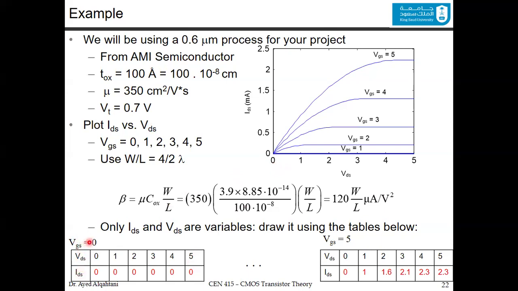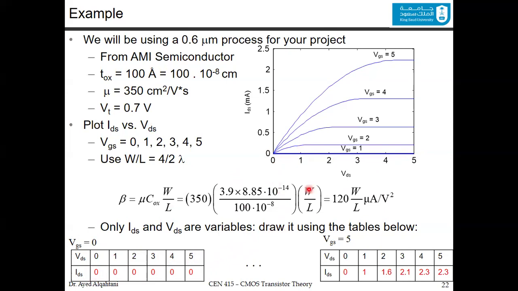Now, since VGS is equal to 0 for this first table, IDS is going to be in the cutoff region the whole time, so it's 0 for everyone. And now you generate the first curve, which will be actually on the line of the x-axis itself.